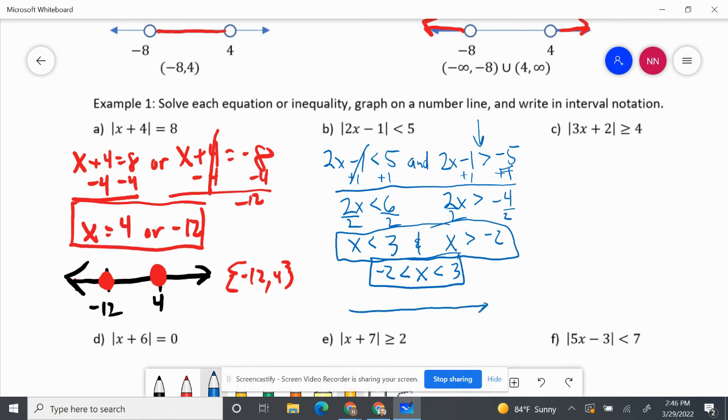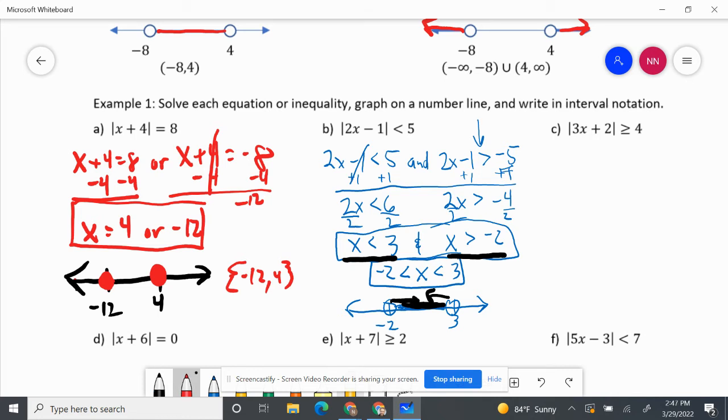The second one, if you do change it, it makes it a little bit easier to graph because we know the -2 and the 3 both open and x is in the middle, so we put the line in the middle. But you don't have to do that because if we look at the actual inequality, x is less than 3, it goes to the left. X is greater than -2, it goes to the right. And then remember, and statements are always the line in the middle.